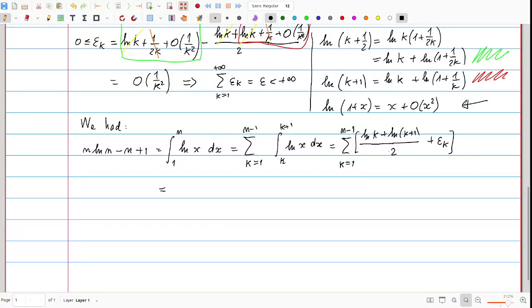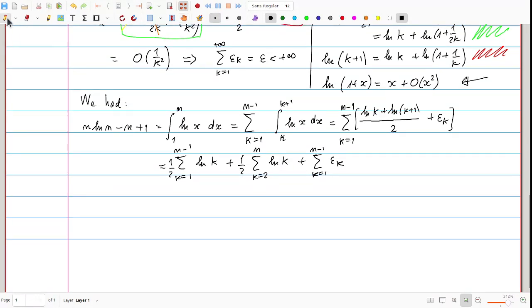Okay, let's now divide this series. So we have 3 terms. One half the sum of the logarithm of k, plus one half the sum, the same thing but shifted. So we start from 2 up to n, and we have the logarithm of k again, plus the sum of epsilons. And now we can put together these two sums.